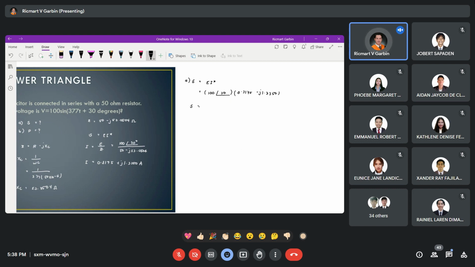So our S is equivalent to, yan, ang sagot natin, 94.2463 minus J99.7394 volt ampere. So yan po yung ating sagot.